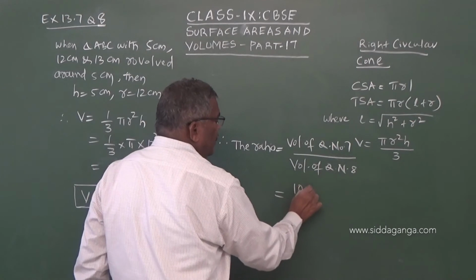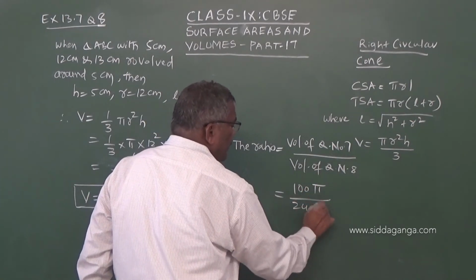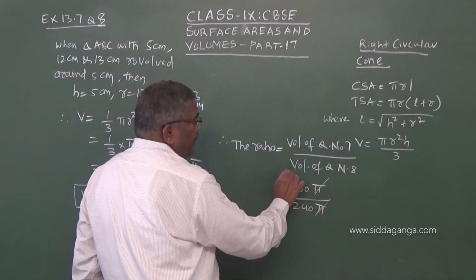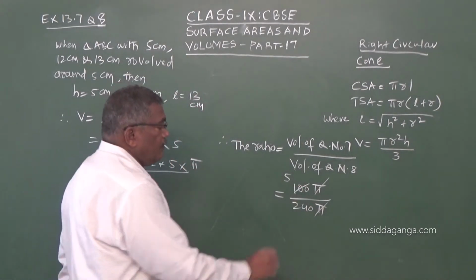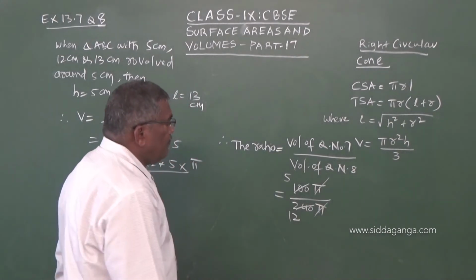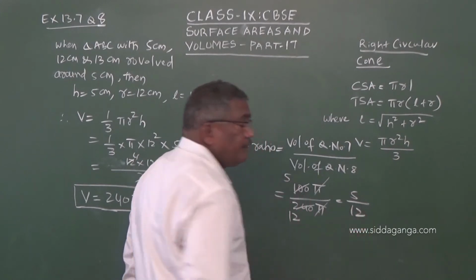So it is 100 pi divided by 240 pi. Pi and pi get cancelled. 20 into 5, 20 into 12. So we will get 5 divided by 12.